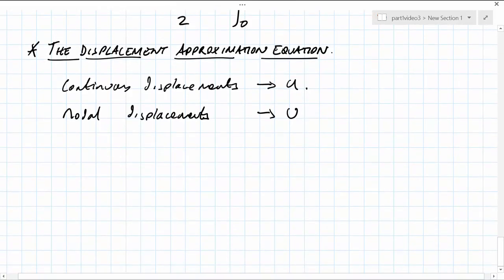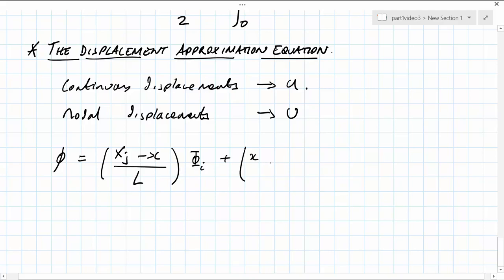We recall that this was defined as lowercase phi equal to capital Xj minus lowercase x divided by the length of the element times the nodal value of phi i, plus lowercase x minus capital Xi divided by the length of the element times the nodal value of phi at node j.